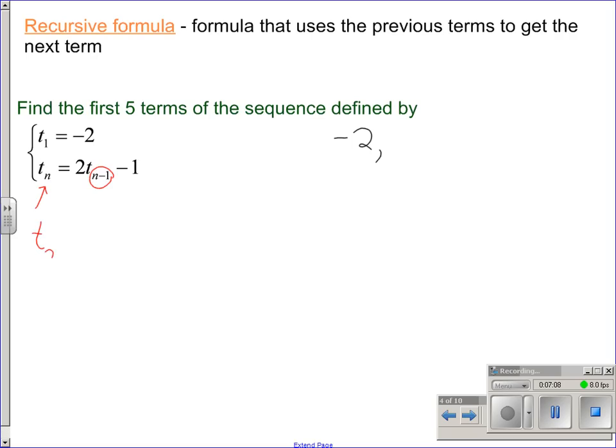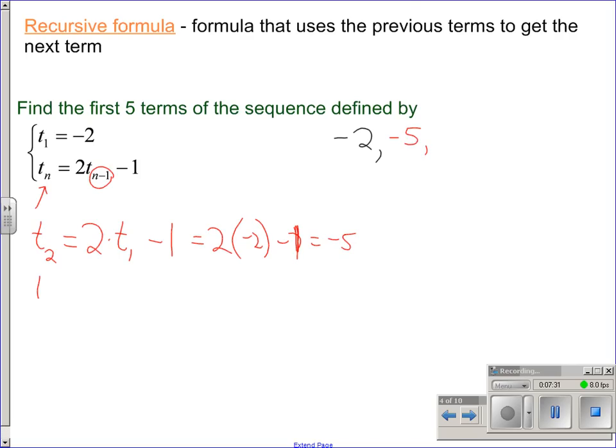So to find t sub 2, we're going to do 2 times the term before it, which is t sub 1, and then subtract 1. 2 times t sub 1 is negative 2, and then subtract 1. 2 times negative 2 is negative 4, subtract 1, we're at negative 5.